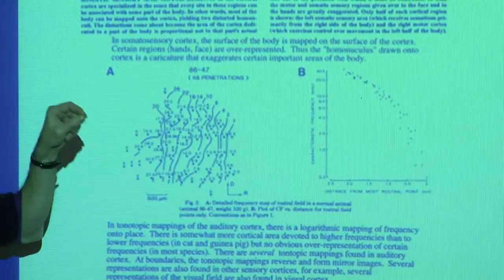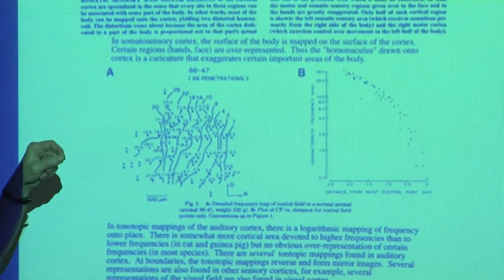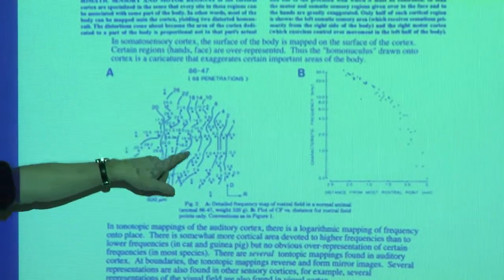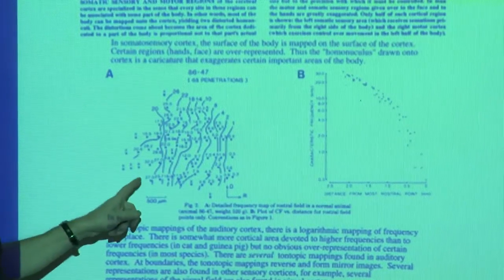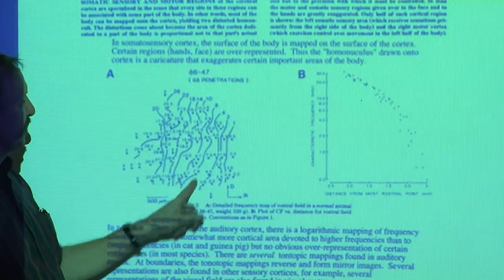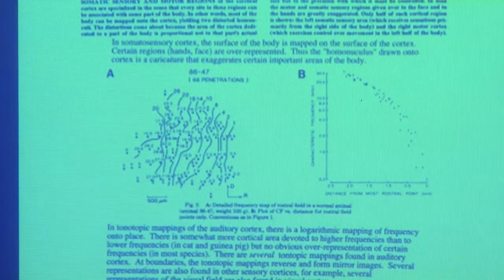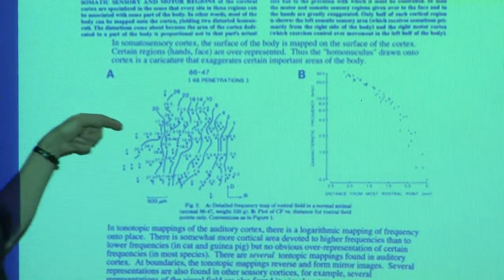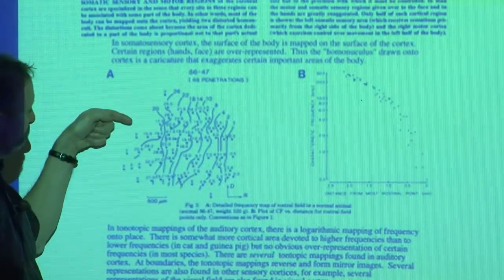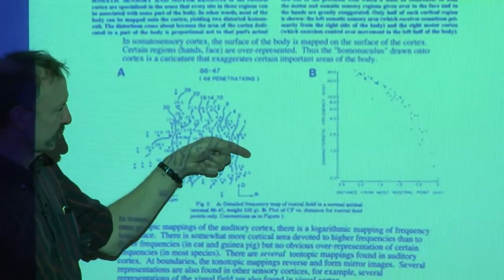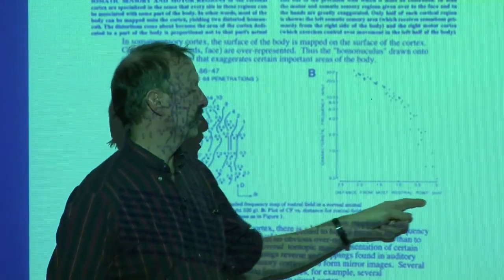Each dot indicates a recording site from a single column in the cortex. If you could read these numbers, they would indicate the CFs. And these lines are the iso-CF contours. And this CF axis is plotted along this distance here. So this distance is going like this, and this distance is going along like this.